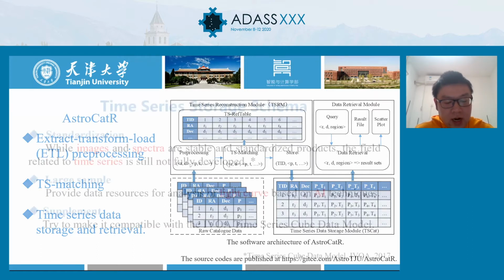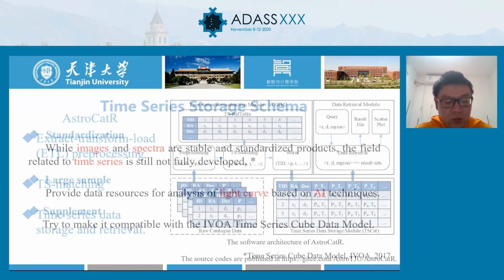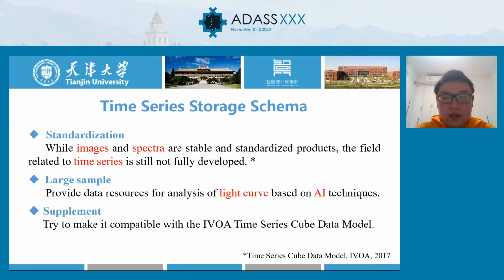Currently, there are a variety of standards for most datasets in the applications of AI techniques in light curve analysis. While images and spectra are stable and standardized products, the field related to time series is still not fully developed.